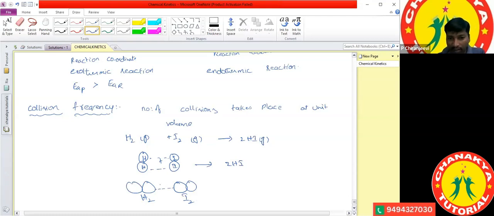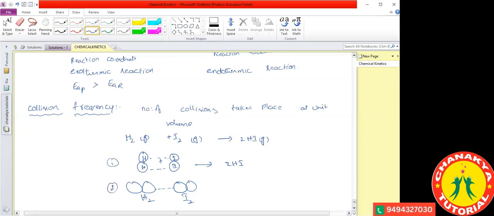In the second diagram, which one has the proper direction and which has the improper direction? This kind of question also appears in previous JEE papers. Which of the following diagrams represents the proper direction of collision and which the improper? First one or second one?